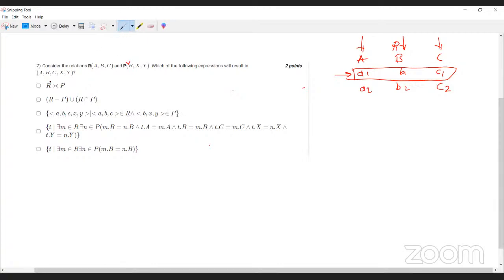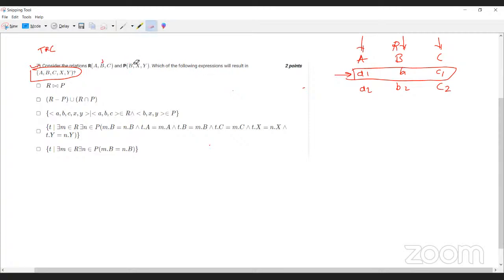Yeah, so Piyush, question number 6 was a tuple relational calculus thing, right? Yeah, TRC, right? So here you have to see which of the... This is domain. No, this is a different question. Here we have to see which result in A, B, C, X, Y. Here you can see B is not repeating.